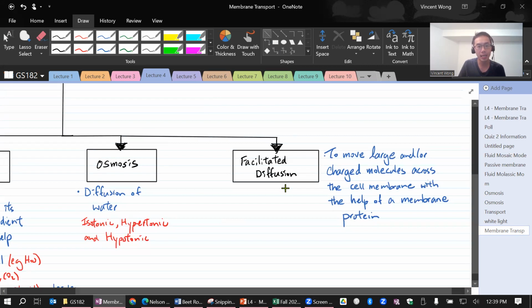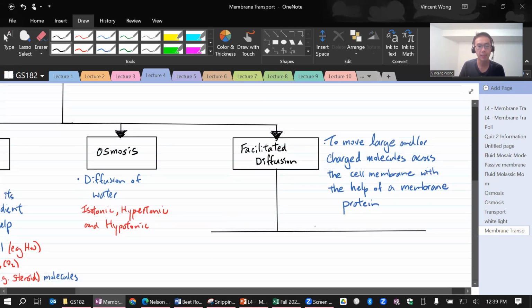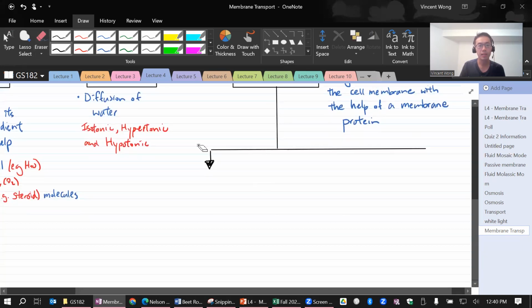Now, there are two kinds of facilitated diffusion. Okay, the first type is channel protein.